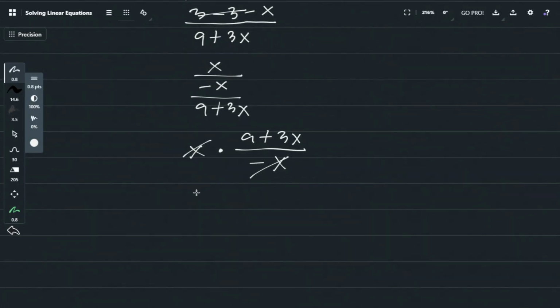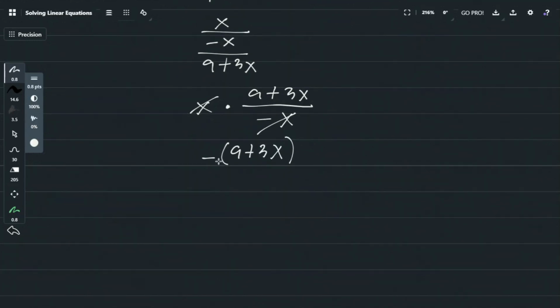So the remaining expression is just negative times the quantity of 9 plus 3x. Okay, so now we're just going to distribute the scalar value, which is -1. So -1 times 9 is just equal to -9. Then -1 times 3x is just equal to -3x.